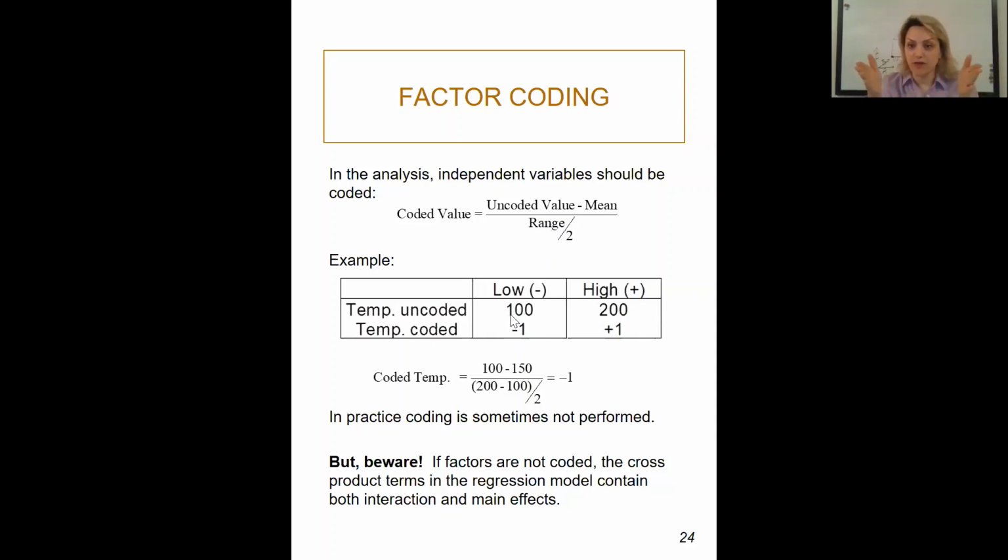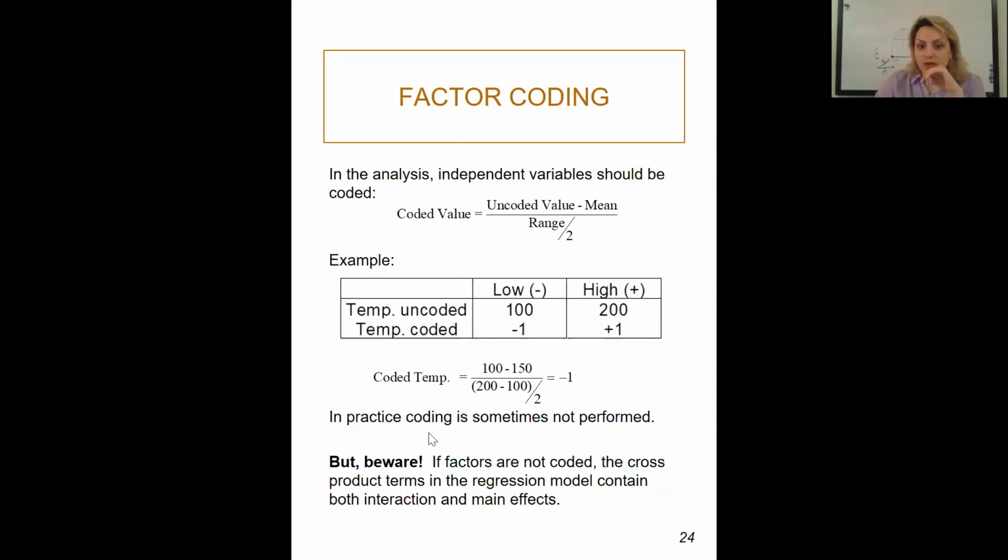So whatever difference you have between them, half of the range is 200 minus 100 divided by 2, which is 50. When I want to code this 100, we would say 100 minus the mean, 150, divided by the half of the range that I had. And then when you do that, it's going to be minus 1. So I'm going to write down the coded value of minus 1.